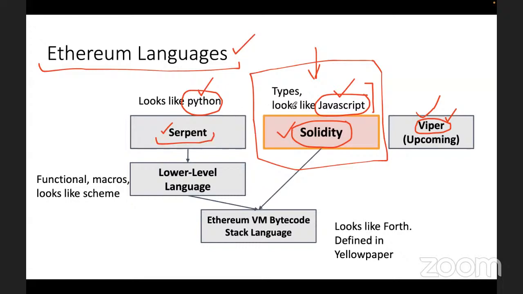Whatever language you are going to use, whether Serpent, Solidity, Viper, or any other programming language, you need to convert it into Ethereum virtual machine bytecode, a stack language. Why? Because the compiler can understand only that bytecode. It is just like this: whatever I am typing from my keyboard, let's say Ram is a good boy, the processor of my laptop never understands this ABCD.